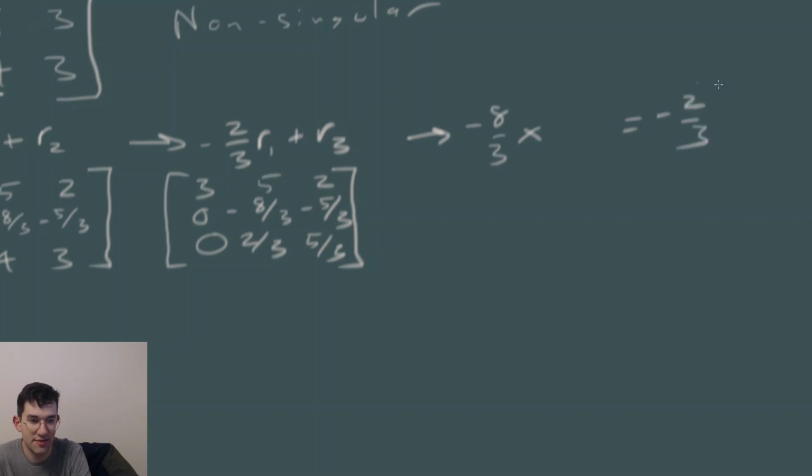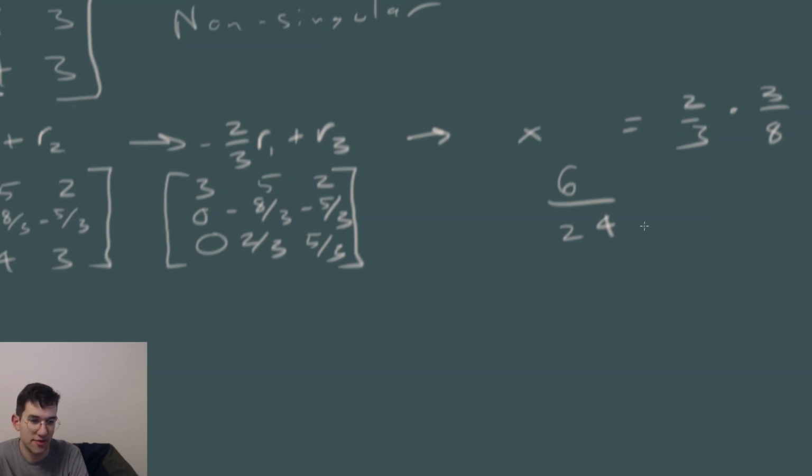We have x times negative 8 thirds equals negative 2 thirds, so multiply by the reciprocal, which is 3/8. That will cancel this. So 2 negatives cancel, so we're just doing positives now. So 2 times 3 is 6, and 3 times 8 is 24.